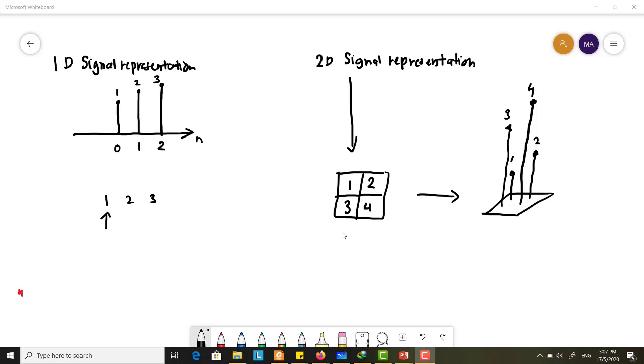Okay, the process is almost similar. So by having this video lecture, hopefully you can understand where the convolutional operation in a convolutional neural network comes from.